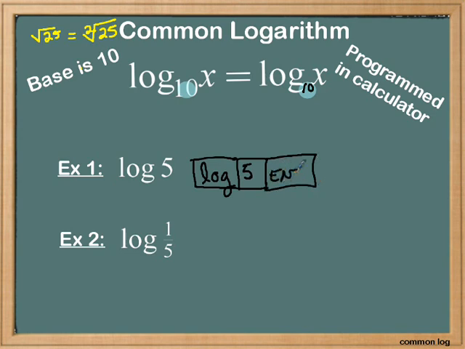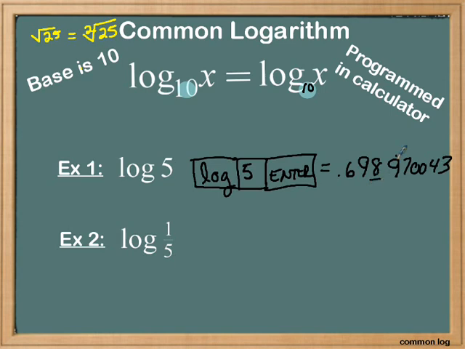And you're going to get a decimal on this problem here, and the decimal is going to read 0.6989700043. And the book is going to ask you to round to the nearest thousandth, and that's the 8.